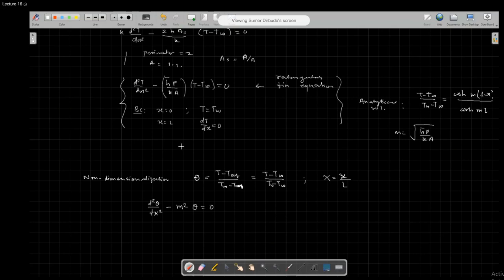And since the governing equation is non-dimensionalized, the boundary conditions also need to be non-dimensionalized. At x equals 0, you have T equals Tw, so theta equals 1.